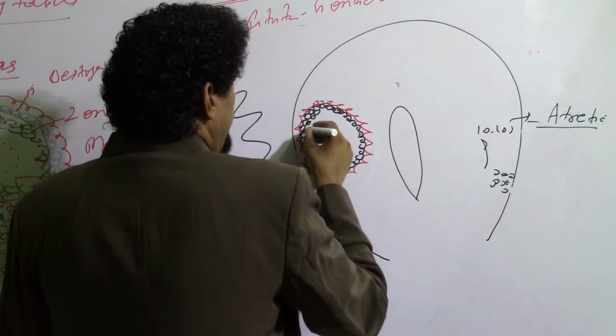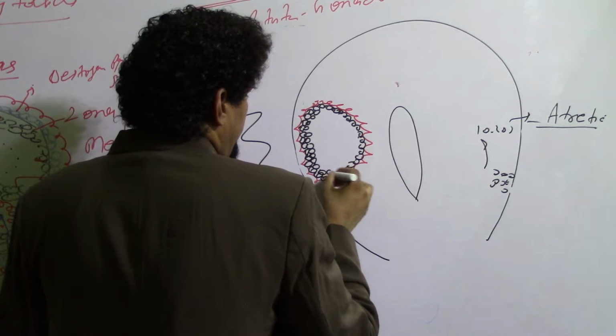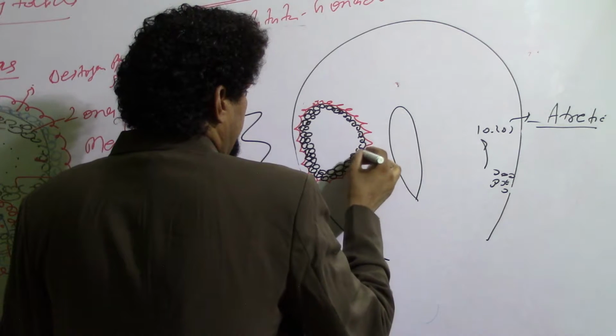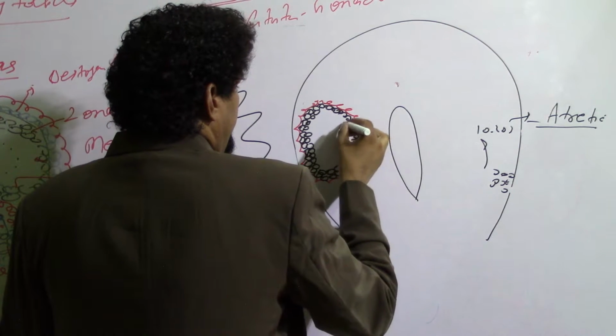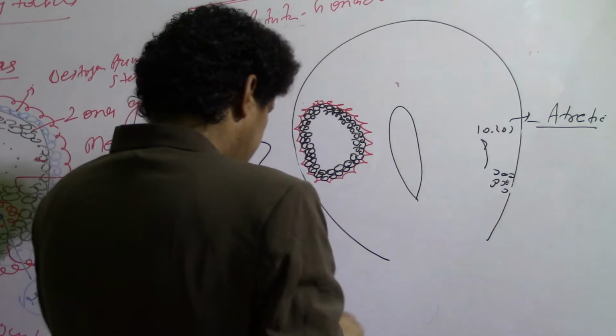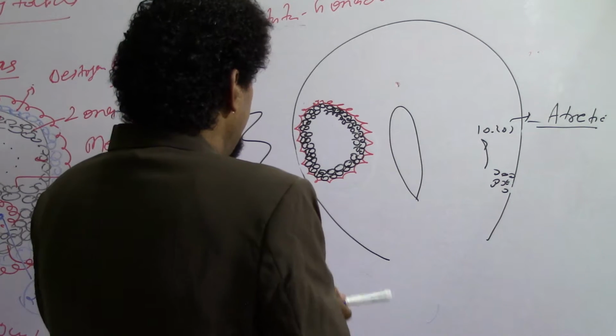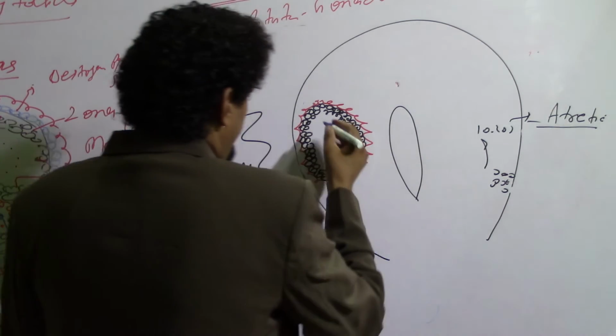These cells of theca interna and theca externa are derived from the ovarian stromal cells and connective tissue. Beneath the theca externa cells, there is a basement membrane.